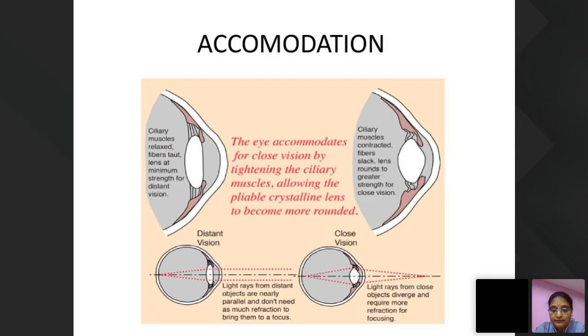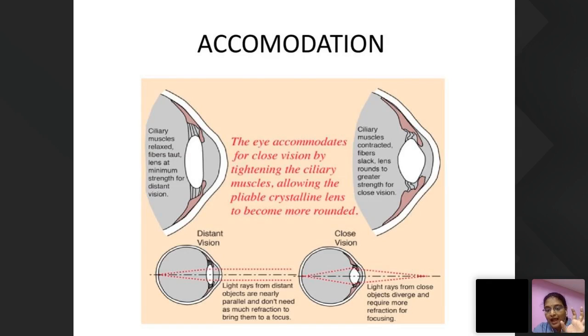What happens with closer vision is that the light rays diverge. Here the light rays are parallel, but because of closer vision they get diverged, and the ciliary muscles strain more to refract properly so it gets focused on the retina.